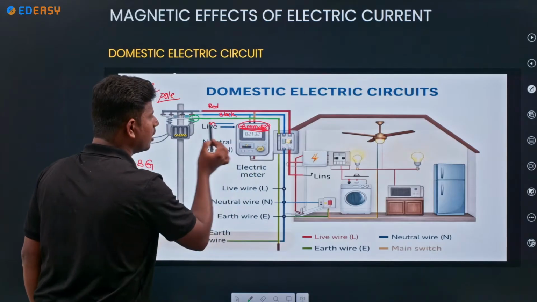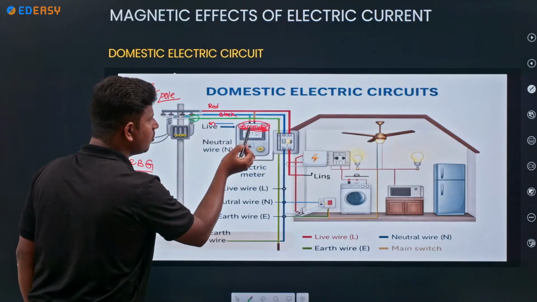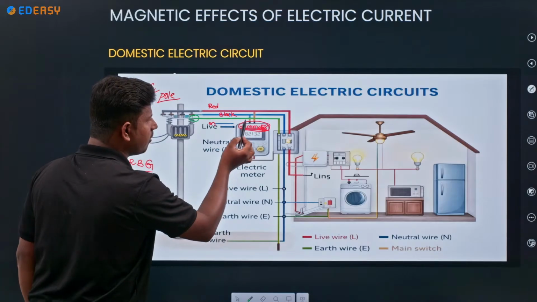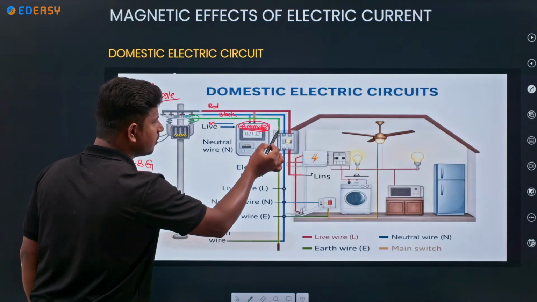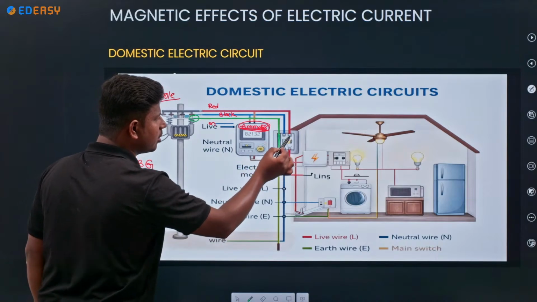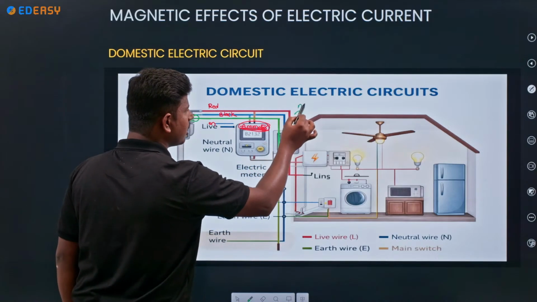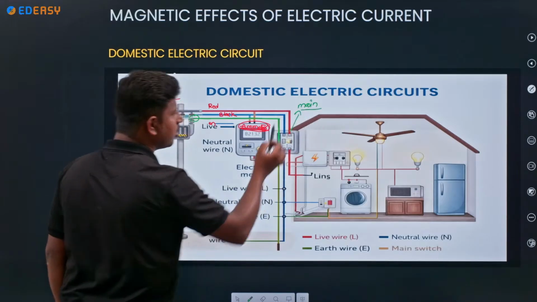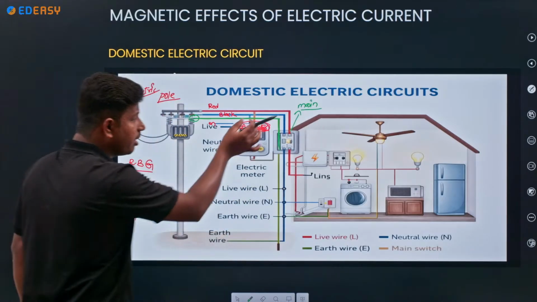Through the meter, what is coming? No green wire. See, where is it connected? It is connected directly to the main board only.